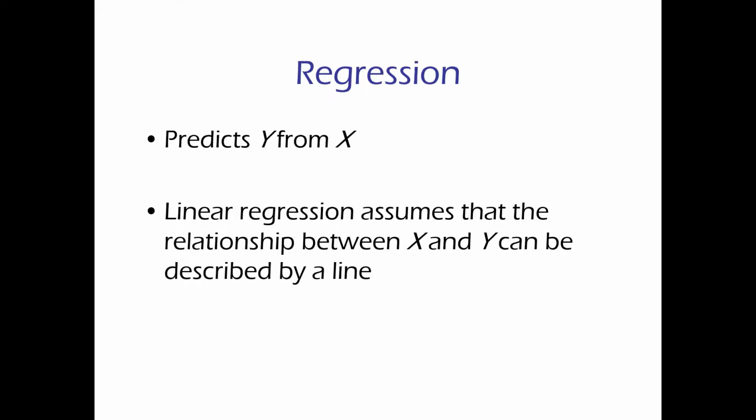With the fitted line estimated from regression, we are able to predict the value of y from the value of x. In other words, predict the value of the response variable from the value of the explanatory variable. And linear regression assumes that the association between x and y can be described by a line.